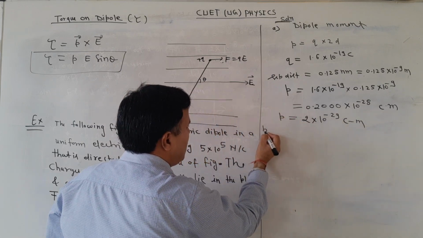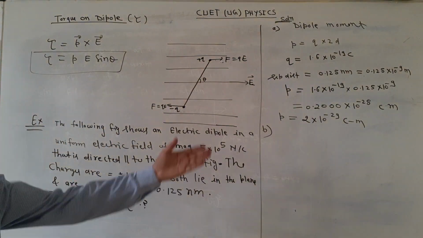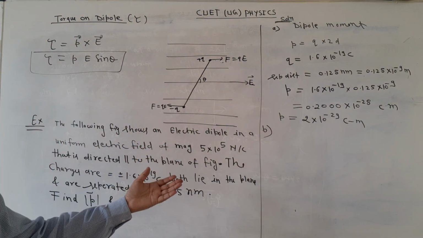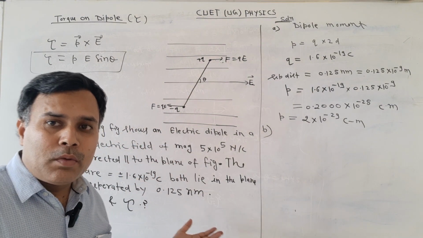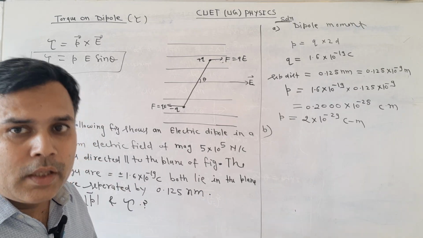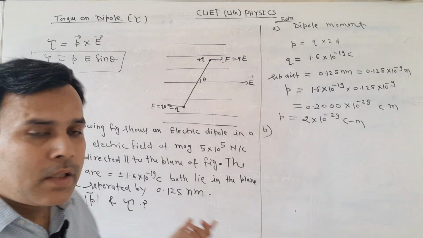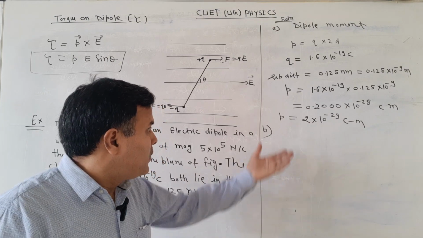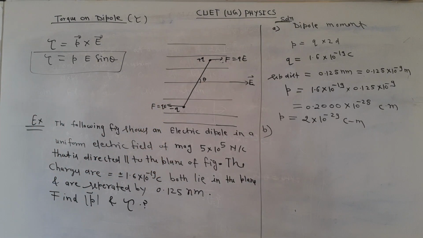The unit of P is Q into D, coulomb meter. In an earlier lecture we also discussed how to calculate the dipole moment for a given charge and separation distance. So same thing is here.